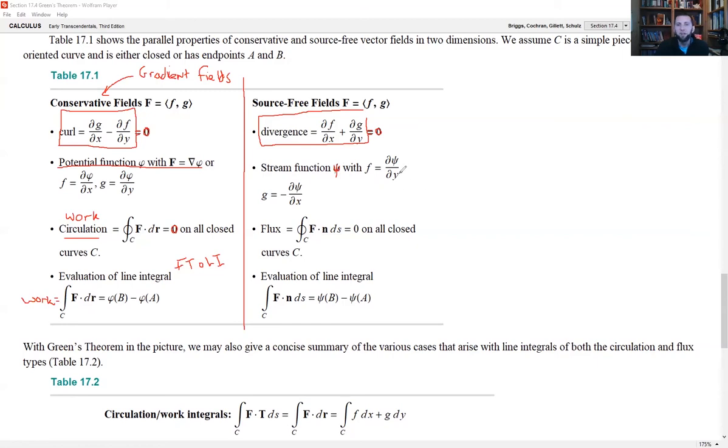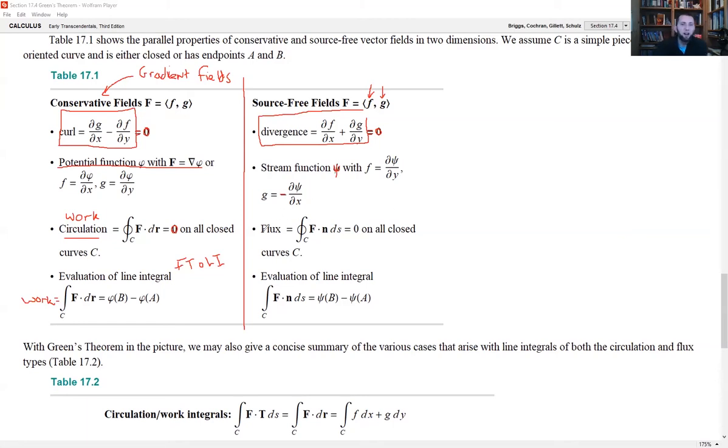And so the component f here would be the partial derivative of psi with respect to y, and g would be the partial derivative of psi with respect to x, but now negated. And this kind of gives us Green's theorem in a different form.